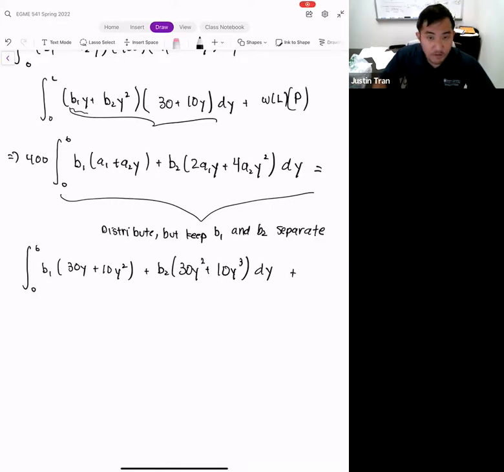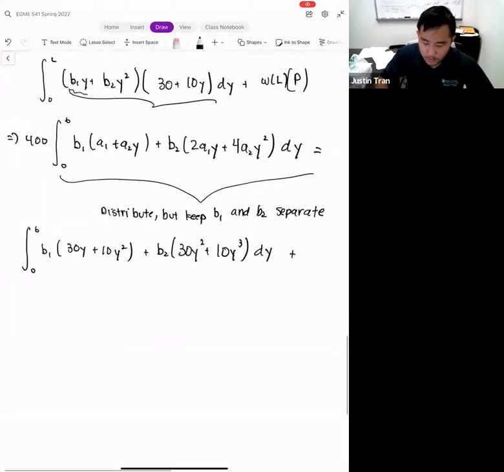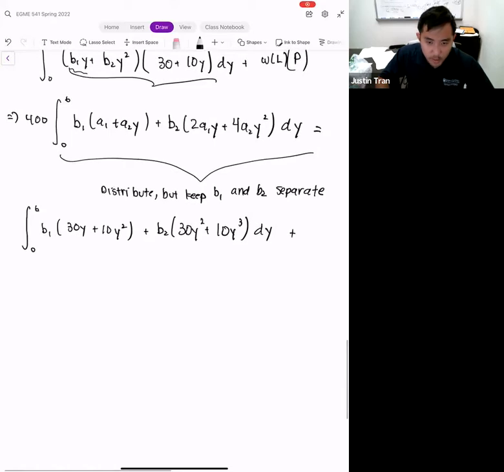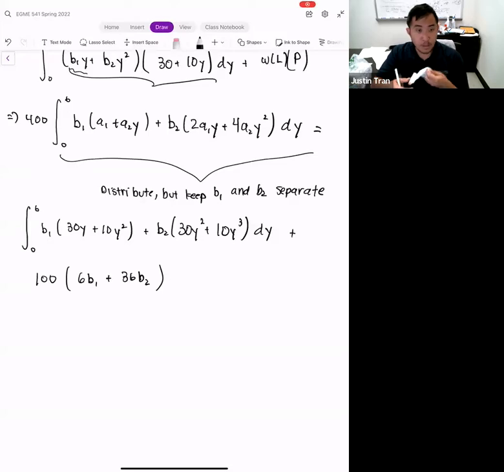And finally, we have P multiplied by W of L. Remember, L is 6. If you evaluate that, it's going to be equal to 100 times W at L, and what we get is 6 B1 plus 36 B2.